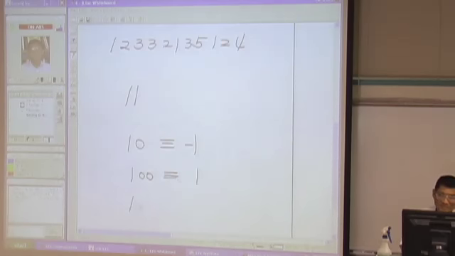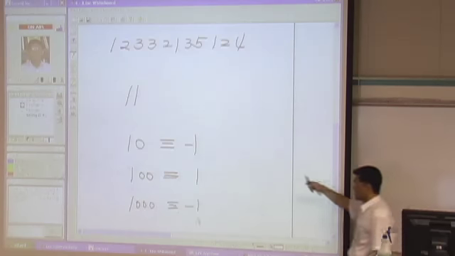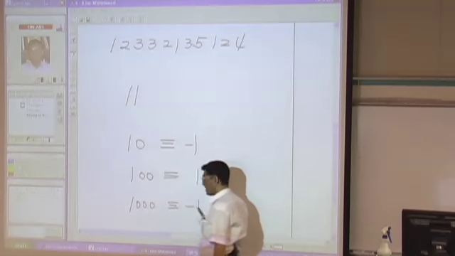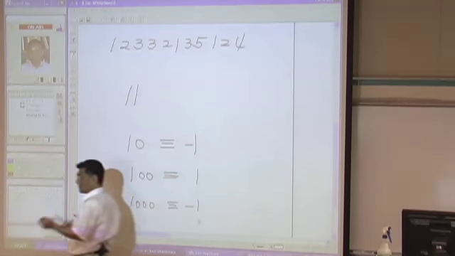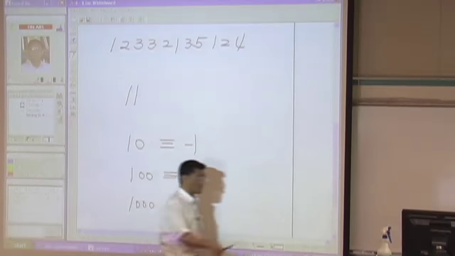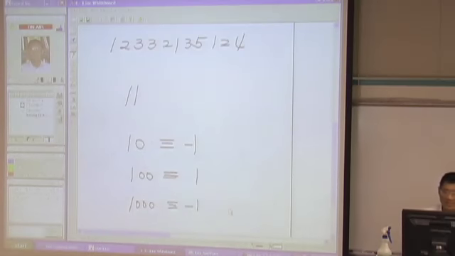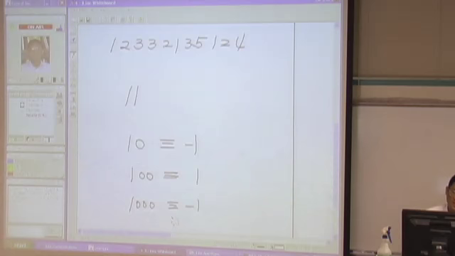And then 1,000, -1. So it alternates, right? Negative, positive, negative, positive, negative, positive. Then using these properties, we can prove that something is divisible by 11 or not.